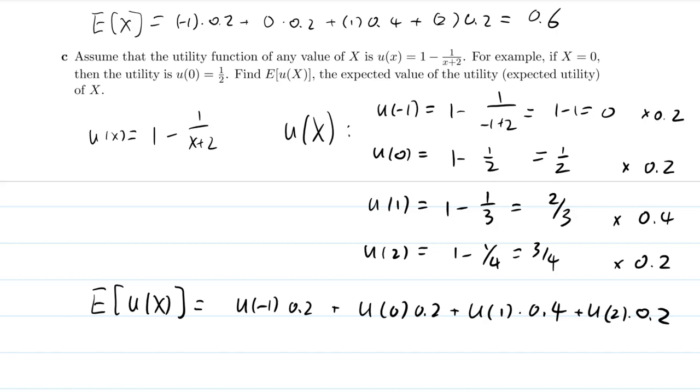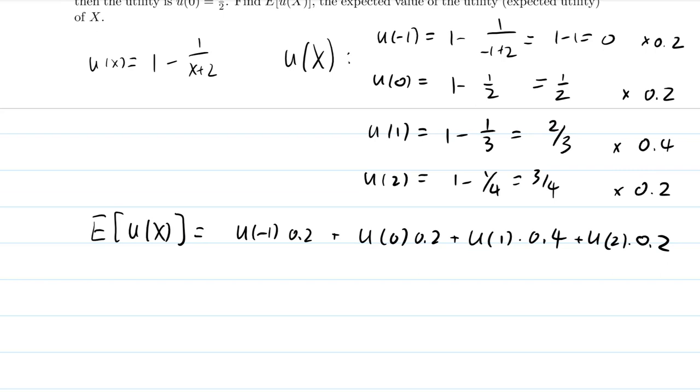So it's the different values of utility multiplied by their corresponding probabilities. Then we would have 0 times 0.2 plus 1/2 times 0.2 plus 2/3 times 0.4 plus 3/4 times 0.2.